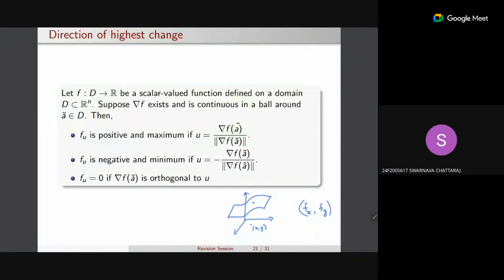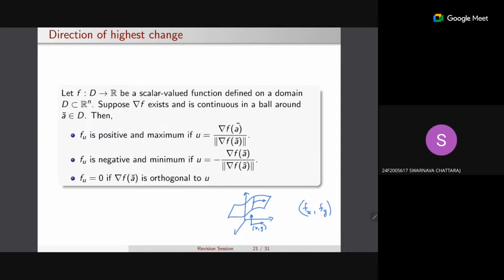Because the change that is happening, so f_u is the change of f in the direction of u, which means that at this point, if I move in this direction, the corresponding values, how they move, that is what you're looking at. If I move in the direction of the gradient vector itself, I can expect the rate of change to be maximum. However, if I move in a direction orthogonal to the gradient, the function value does not change.